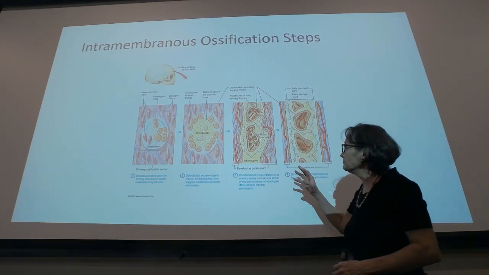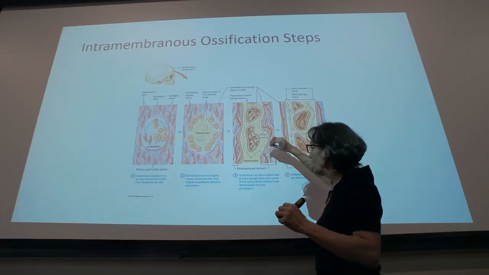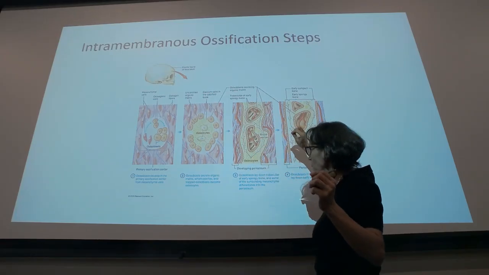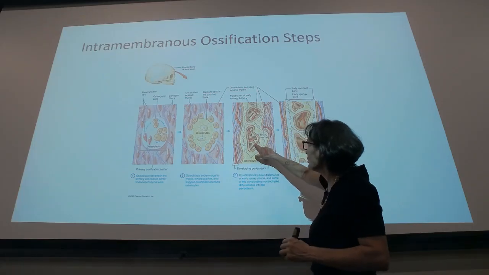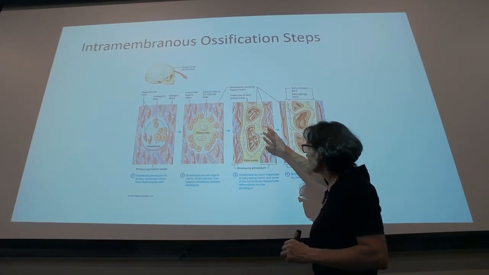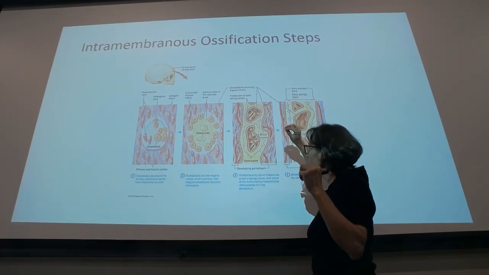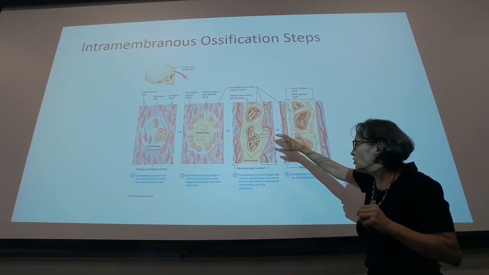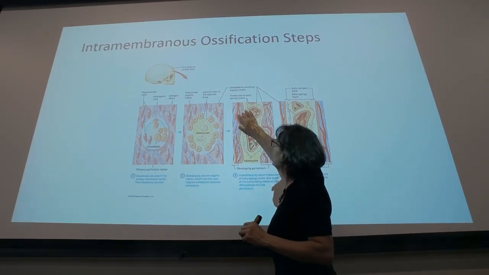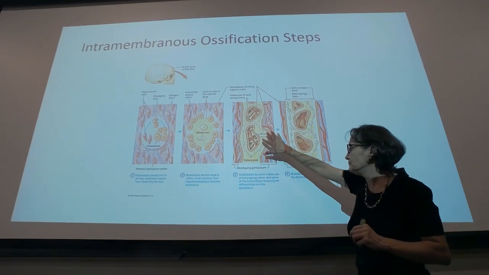And then, with factors found within the cells, they secrete molecules that will attract blood vessels. These blood vessels will bring calcium ions and nutrients, and then you will develop the trabeculae. This is early spongy bone.